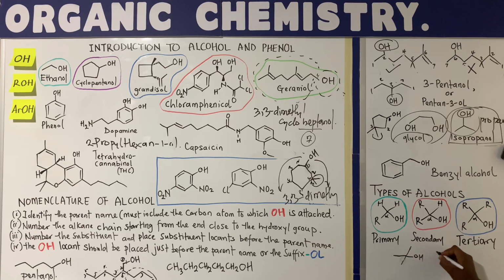If you break this down, you actually have CH3, COH, CH3, and CH3. So you have three methyl groups attached to the carbon bearing the OH group. So in this case, you say you have a tertiary alcohol, and this is actually called tert-butanol.